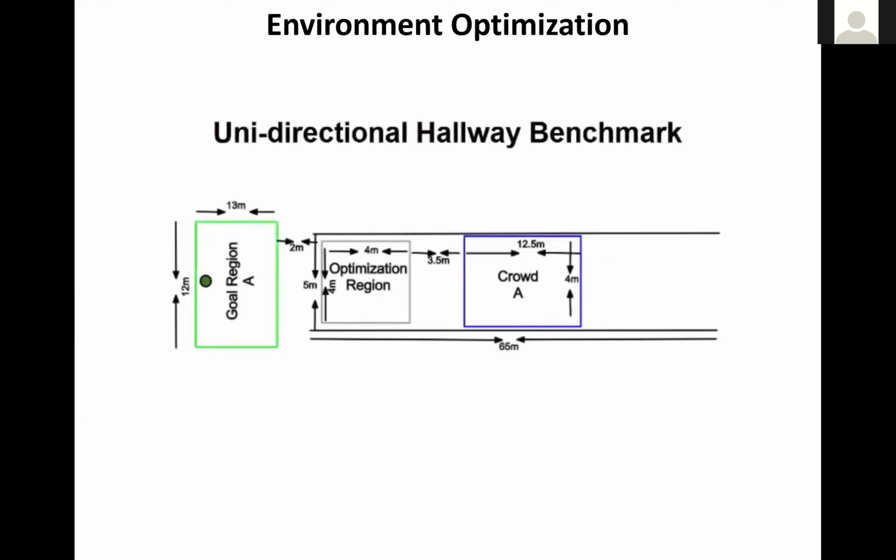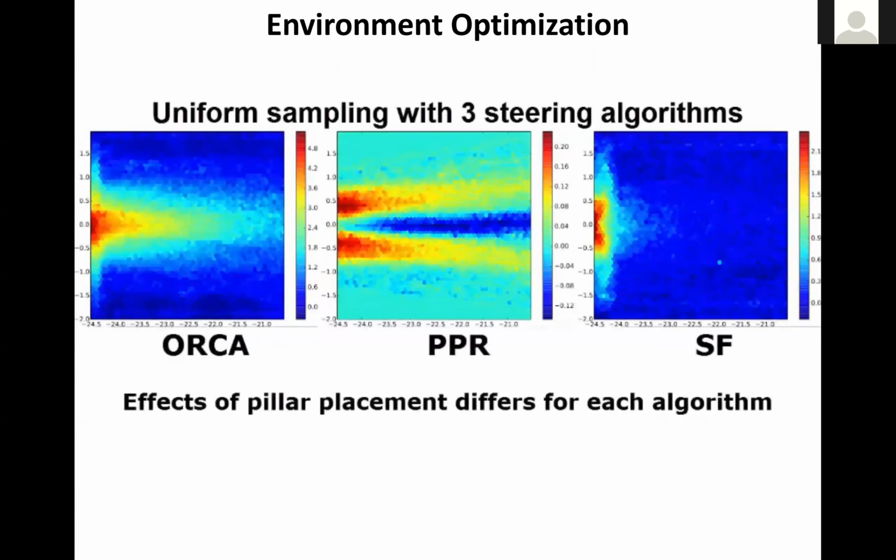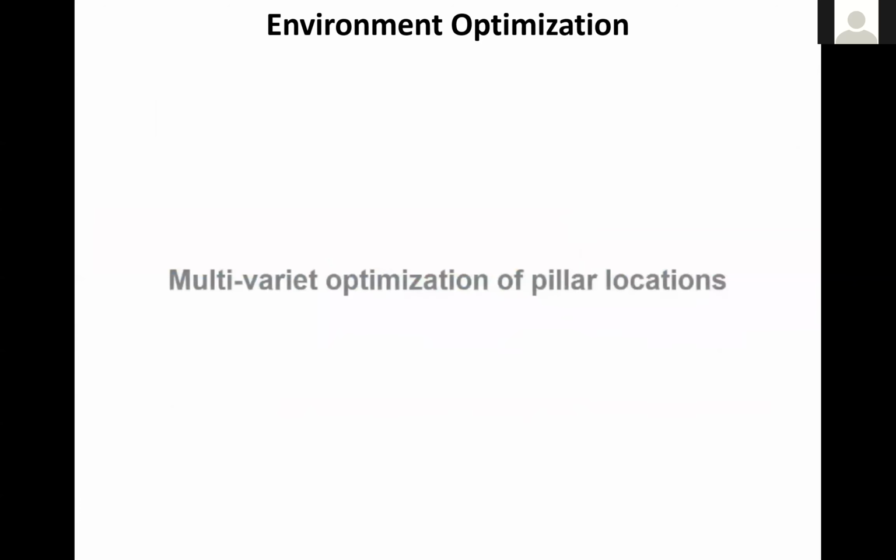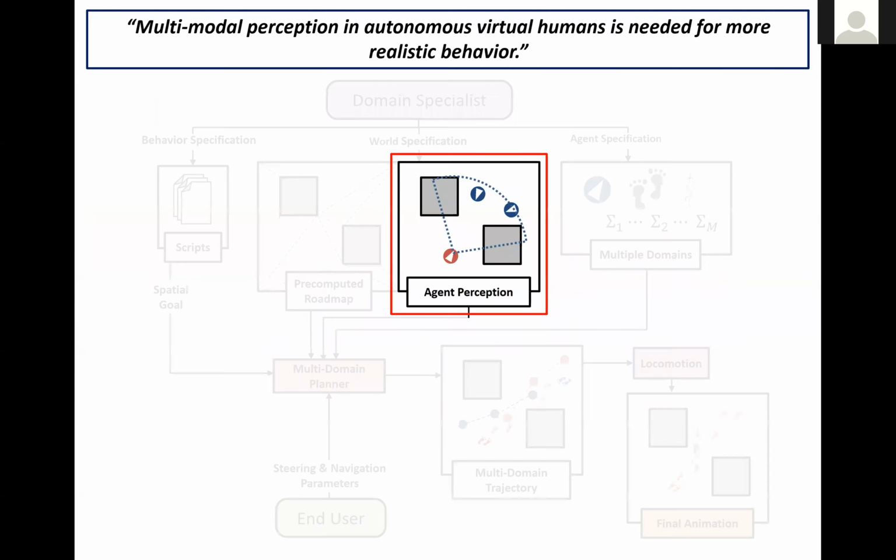Can we automatically adjust the pillars in a hallway, or slide and move the walls, in order to produce desired characteristics of crowd movement? These are the kinds of questions that we can ask, and once again, you can think of this as an optimization problem that we can solve for. Okay, let's keep going.